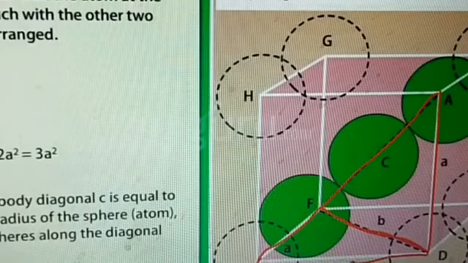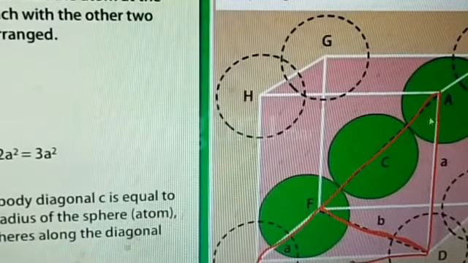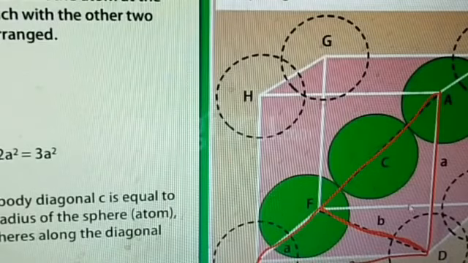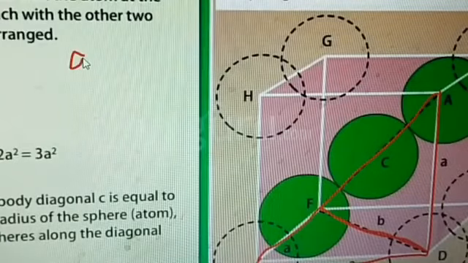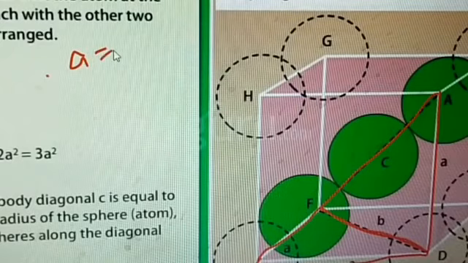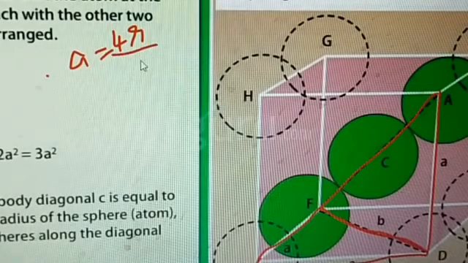So root 3A is equal to 4R. Then A is equal to 4R by root 3.